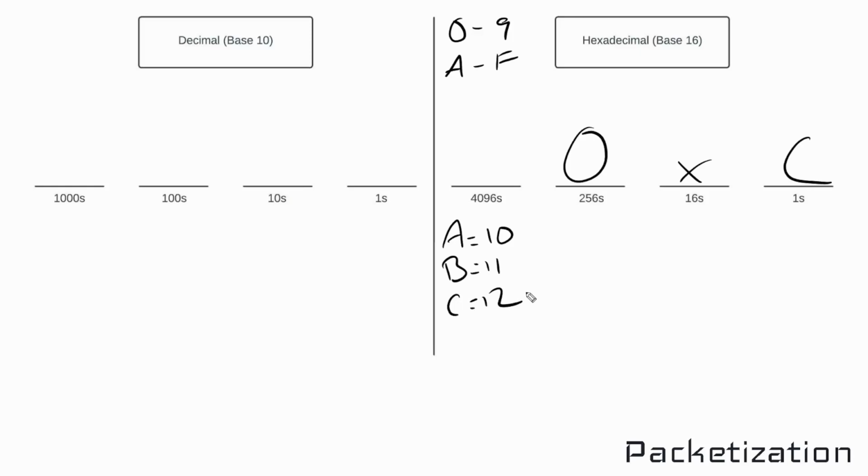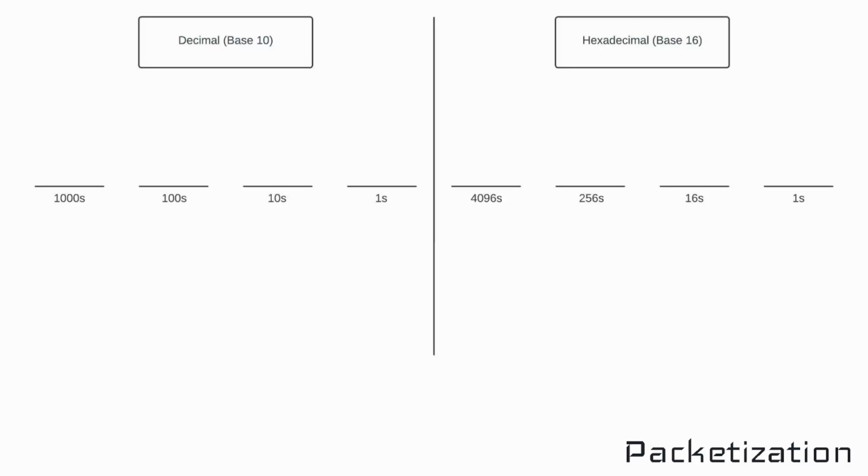So we would take that value of C, multiply that by the placeholder that it sits in, which is the ones position. So this is 12 times 1, and we would get the value of 12. So we have the decimal value of 12, which is the equivalent of 0xC in hexadecimal.